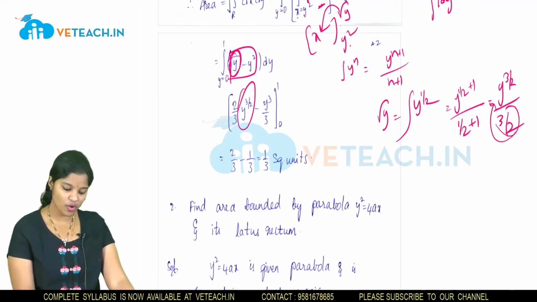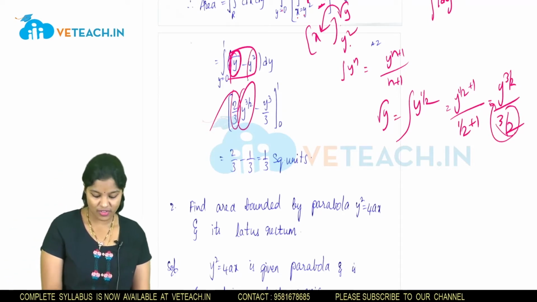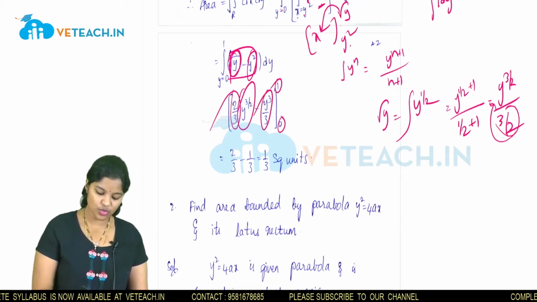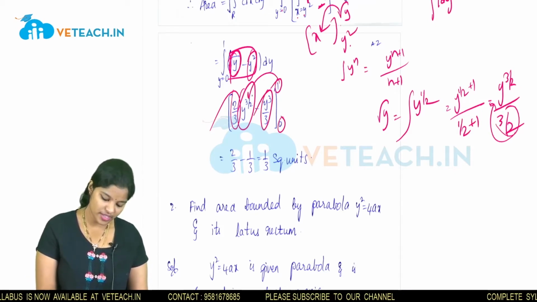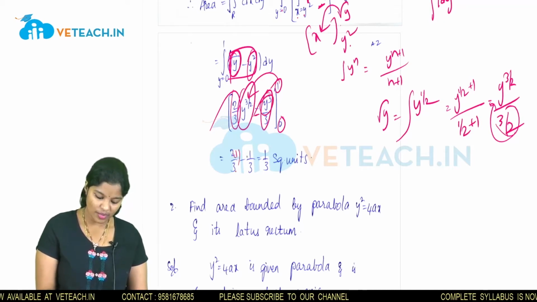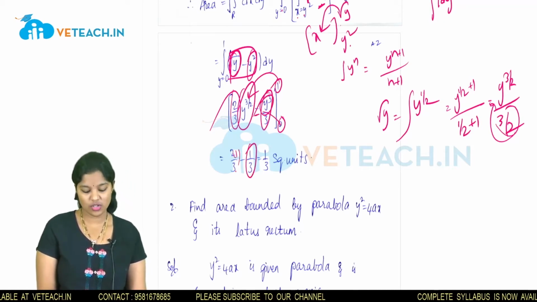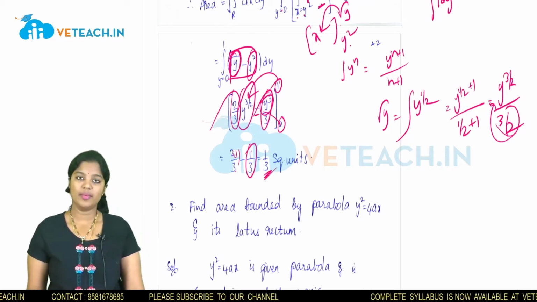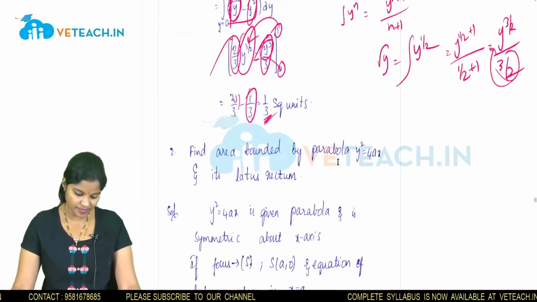This becomes the reciprocal, so we write 2 by 3 y power 3 by 2. And the integration of y square is y cube by 3. Apply the limits 0 to 1. First apply the upper limit: 2 by 3 into 1 minus 1 by 3. If we apply 0, the whole term becomes 0. So 2 by 3 minus 1 by 3 means 1 by 3 square units.